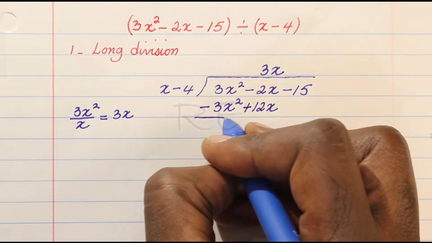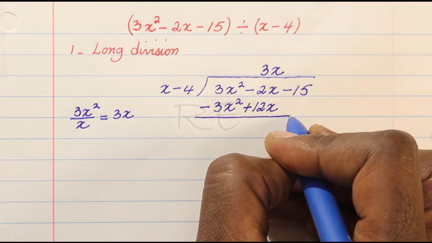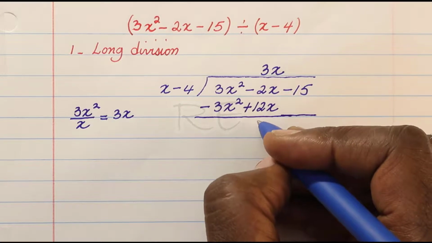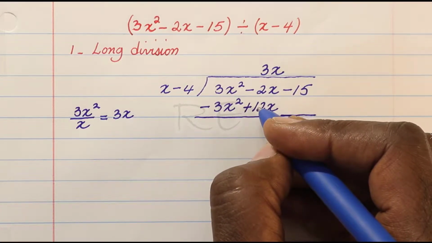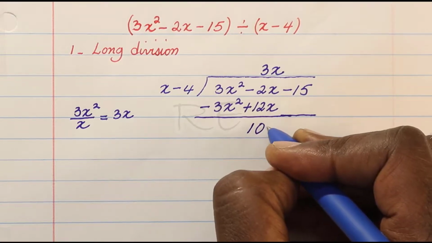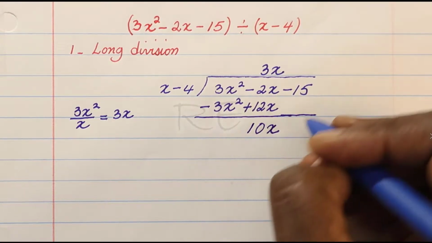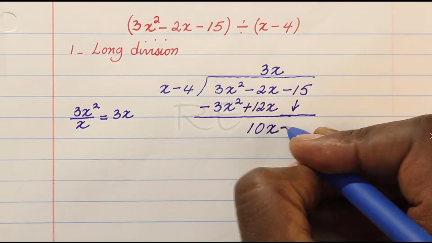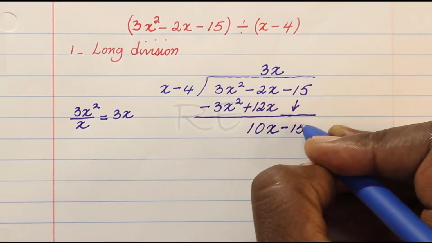We change the sign so that we get a 0 for the first term, and gradually reduce the value of the division. So now 12x minus 2x is 10x. We're going to bring down negative 15.